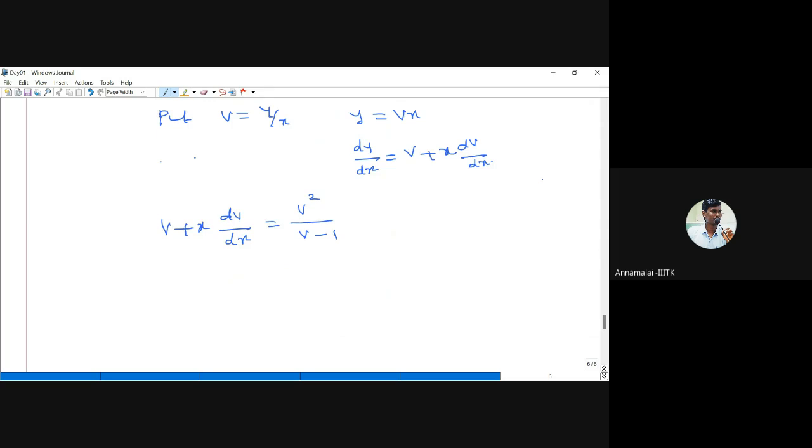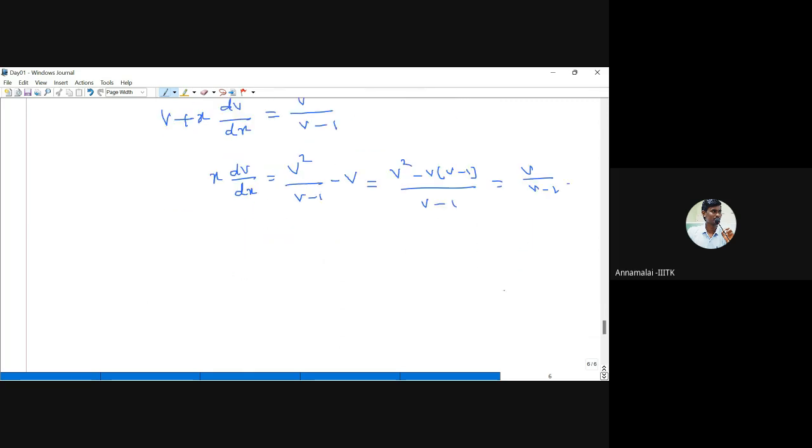Now we can take this v to that side and simplify. So x into dv by dx equals v square by v minus 1 minus v. If we simplify this, v square minus v into v minus 1, over v minus 1. If you multiply v inside, v square minus v square, you cancel, we get v by v minus 1. So now separate the variables.